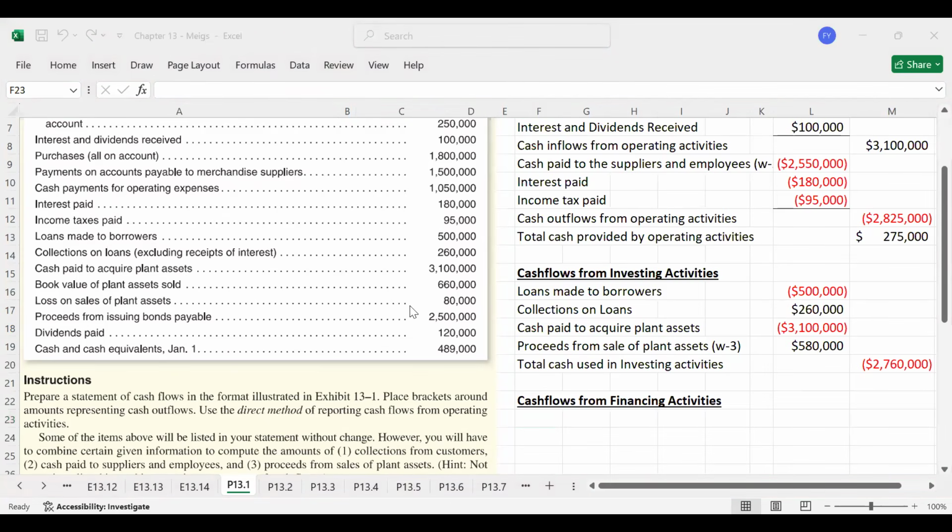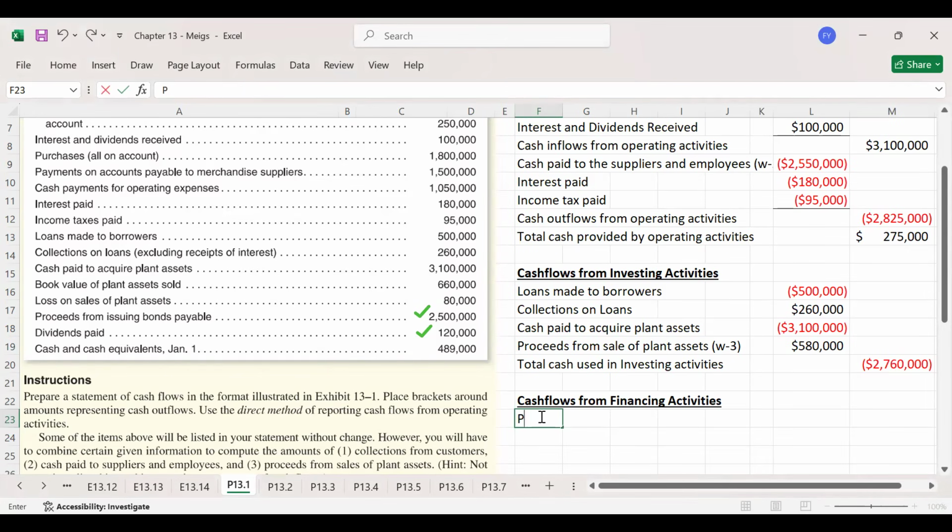There is no issuance of shares or buying back of shares in this problem. So we have just two pieces of information related to financing activities.